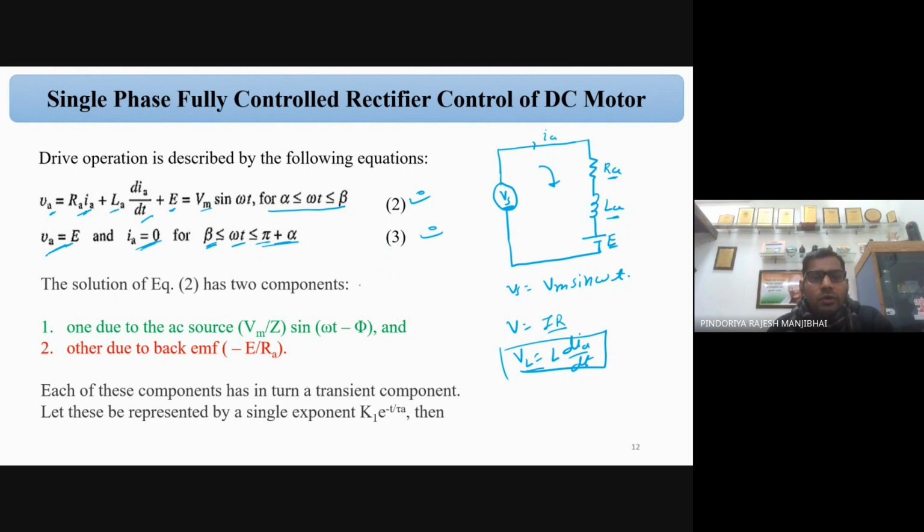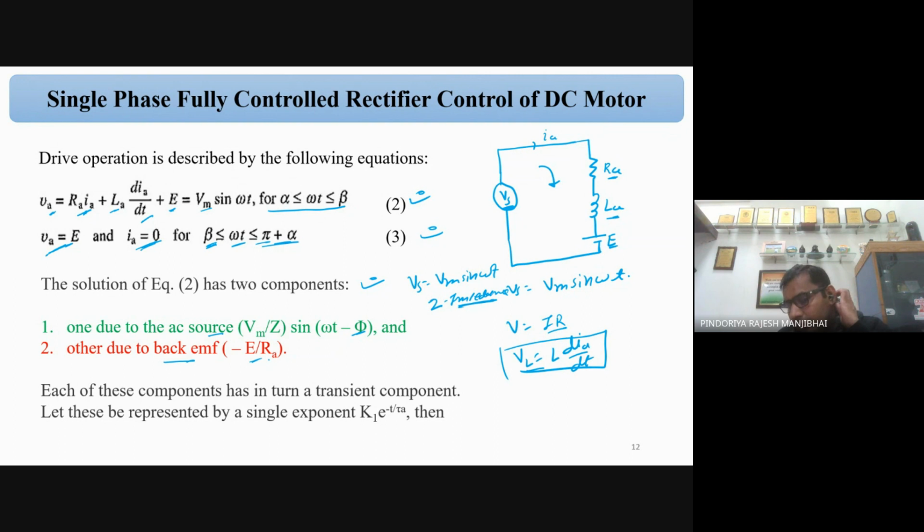The solution of equation 2 has two components. One is due to the AC source, that is Vm by Z sine omega t minus phi, because of the AC source Vs equal to Vm sine omega t, where Z is the impedance. And the second component is due to the back EMF, that is minus E upon Ra.